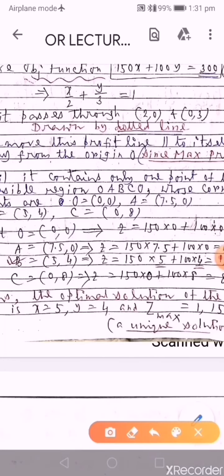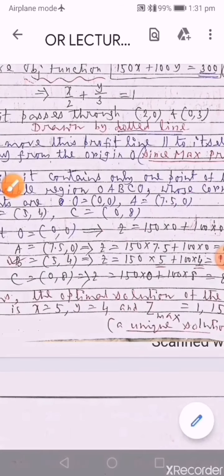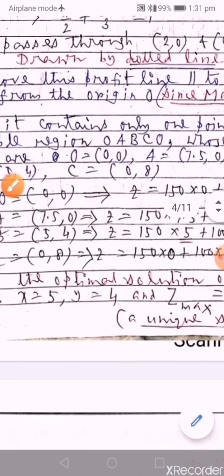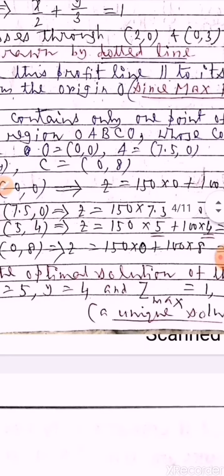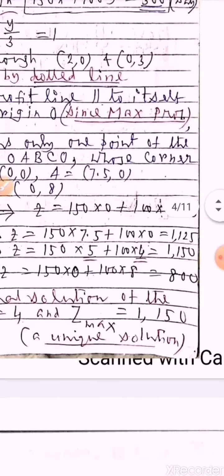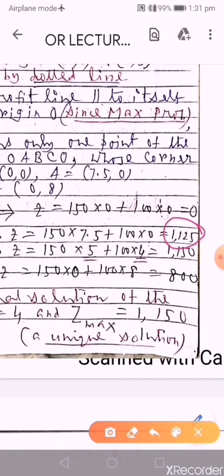See, for O (0,0), 150 into 0 plus 100 into 0, so equal to 0. For 7.5,0, that is for A, if we put 7.5 for x and 0 for y, it produces 1125.